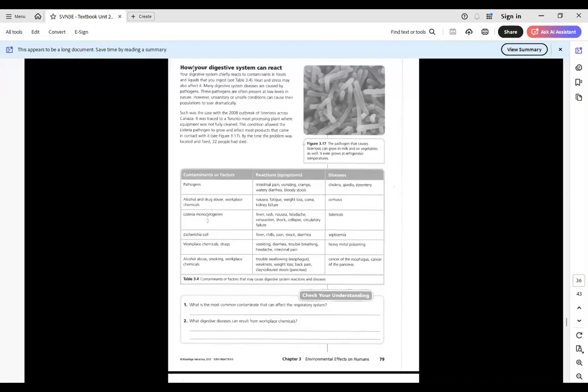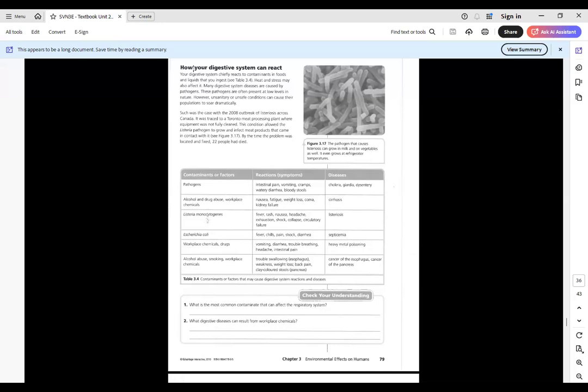The reactions to E. coli are fevers, chills, pain, shock, diarrhea. And that disease is called septicemia. And it can be very, very fatal if it's not treated and caught early enough.